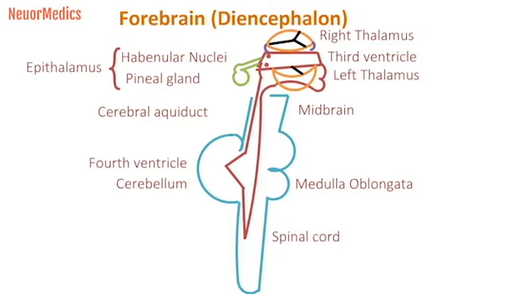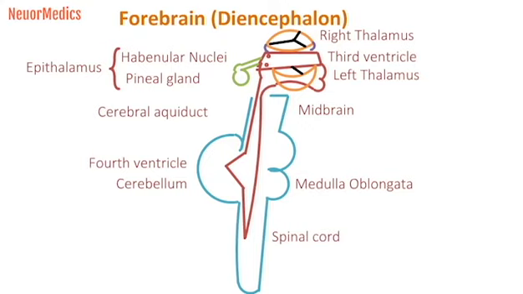On each side of the third ventricle, there are masses of grey matter known as thalami, right thalamus and left thalamus.